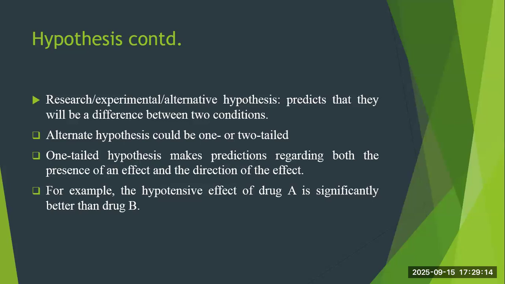But assuming that you say that there will be a difference between drug A and drug B, you have told us that there's going to be a difference, but you didn't tell us the direction of the difference. That's a two-tailed hypothesis. So when you write in your data analysis section that your analysis is going to be two-tailed, what you are implying is basically the default of the statistical analysis software, which already tends to be two-tailed.